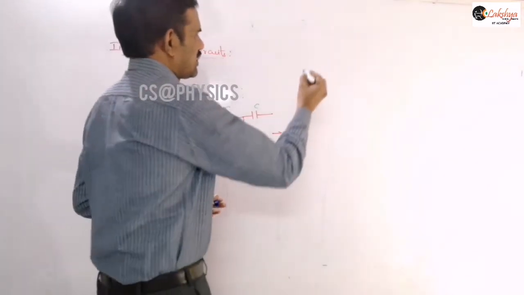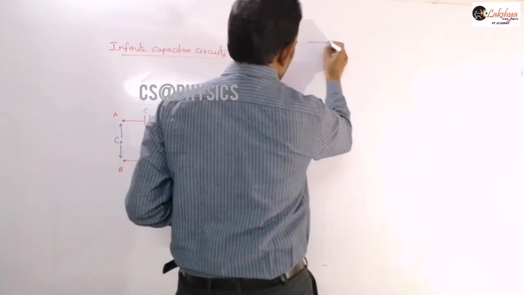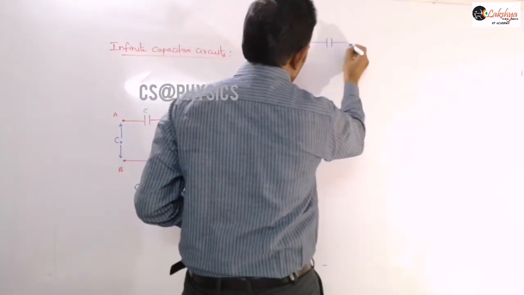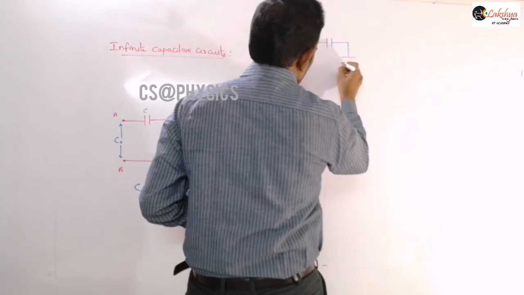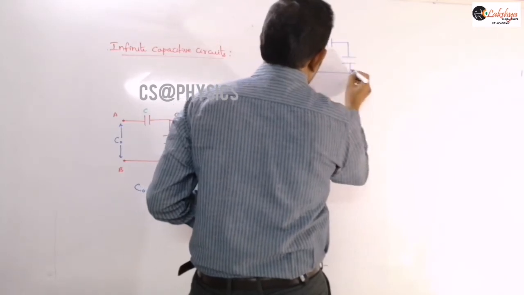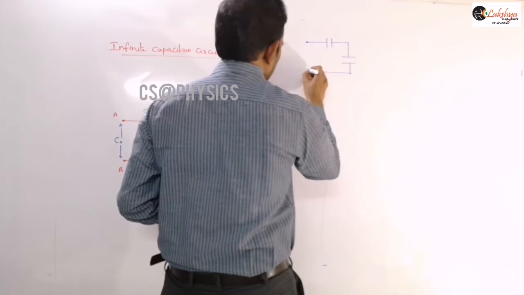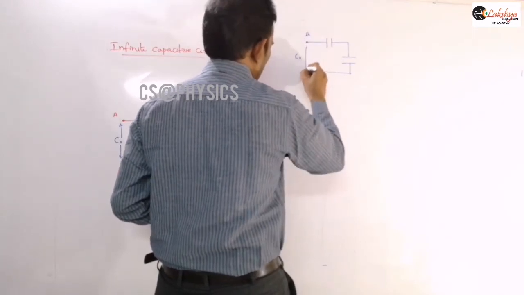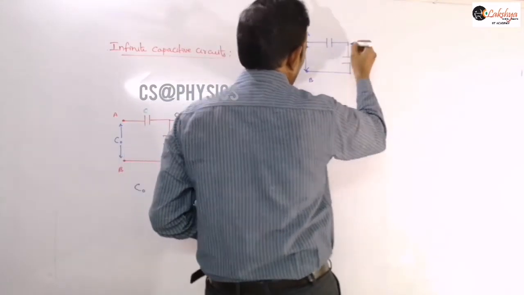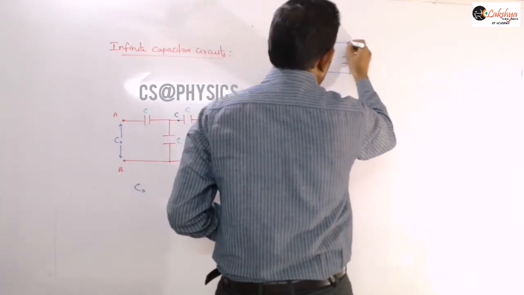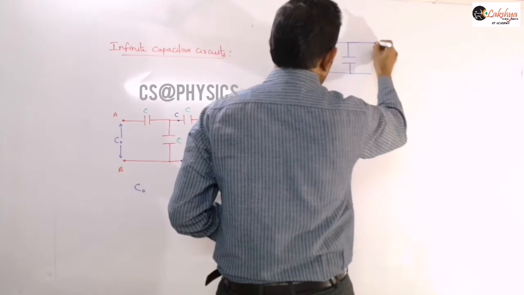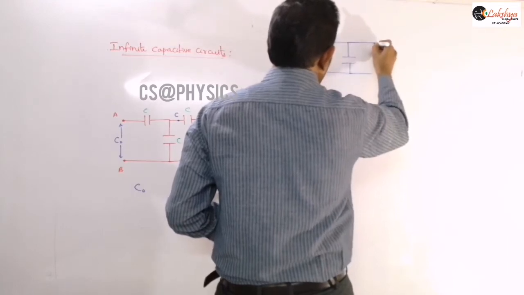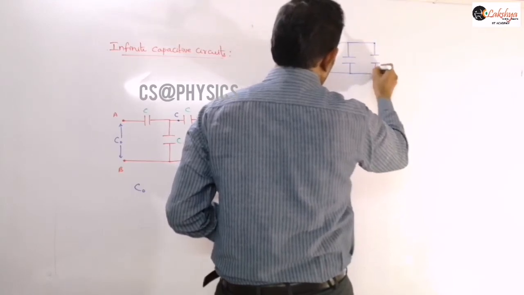Now the resulting circuit, what I can write here, is this: this is our AB part, whose effective capacitance will be equal to C naught, the effective capacitance between these two points. And now for this we are adding one more capacitor here.